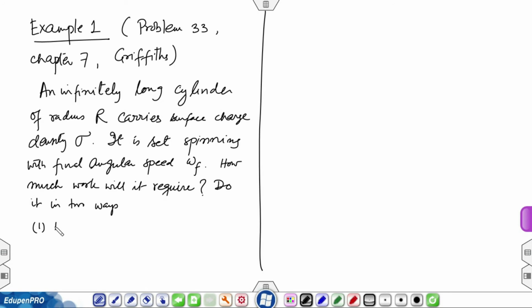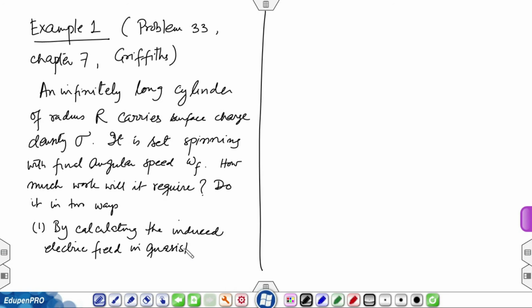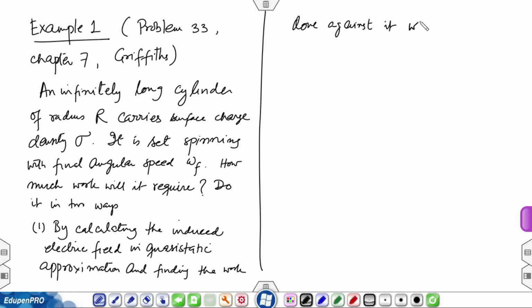So, one would be by calculating the induced electric field in the quasi-static approximation and finding the work done against it when the cylinder is spinning.